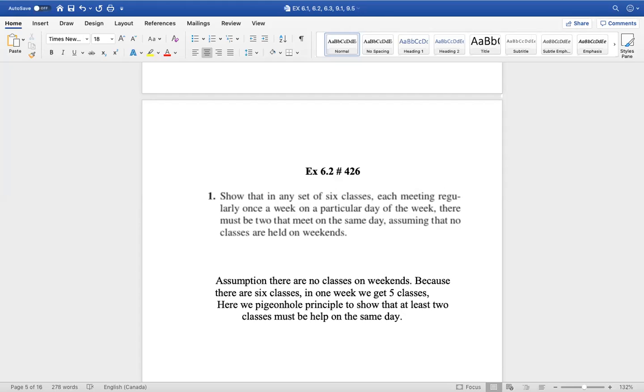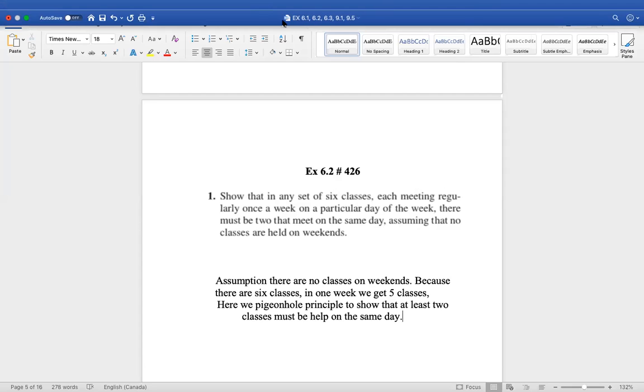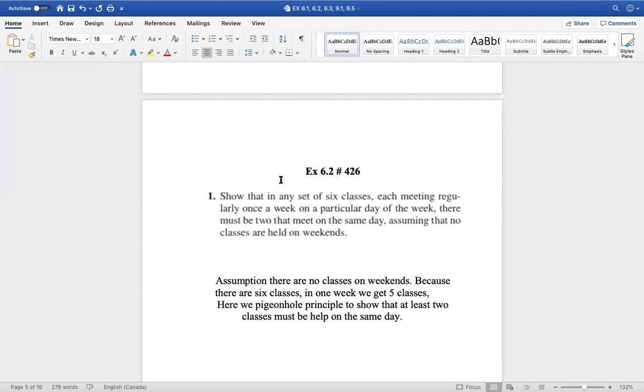Because there are 6 classes, but classes are held only on 5 days in a week, there must be one class which occurs on the same day as another class. This principle is known as the pigeonhole principle. So we apply that here.